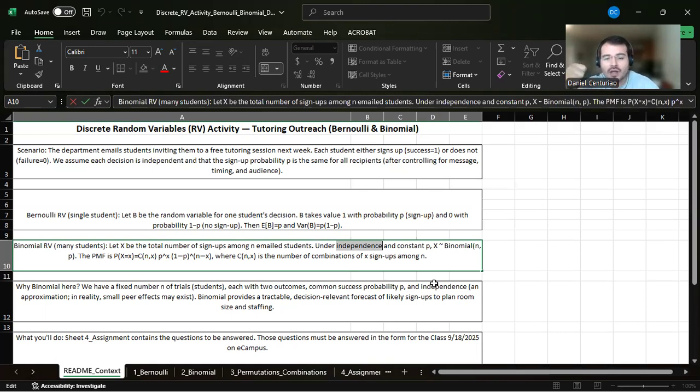in itself, which means we are assuming that individuals don't necessarily talk with each other to make any of those decisions.